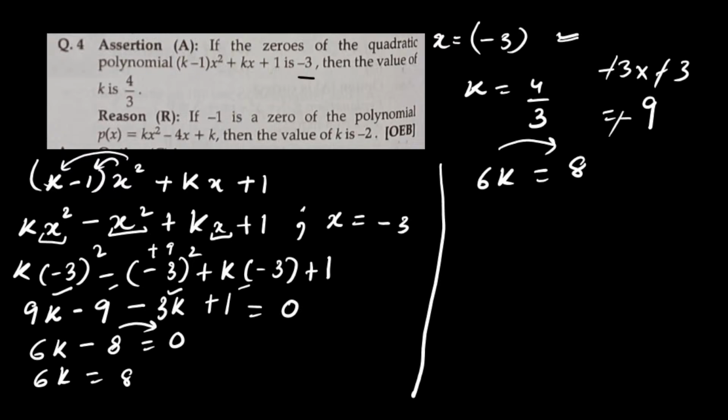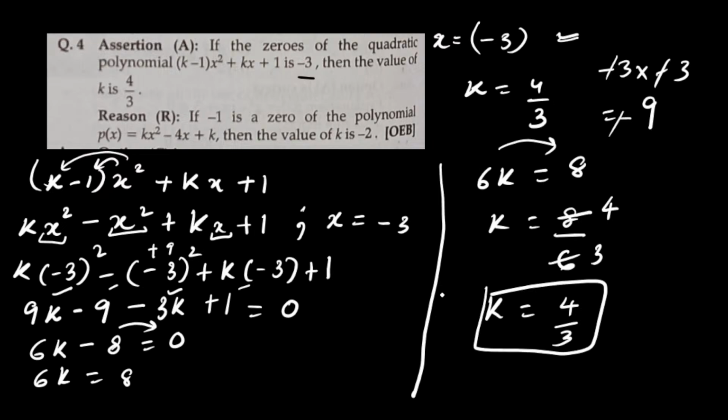Then we shift 6 to the other side, so k equals 8 by 6. Cancelling by 2's table, we get 4 by 3. So we found the value of k as 4 by 3. This is the value which they also gave. So when the solution of the equation is -3, then k's value is 4 by 3. So the first option is true, 4 by 3 we have found.